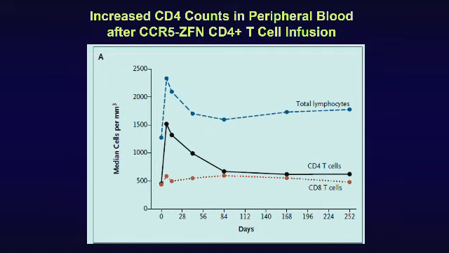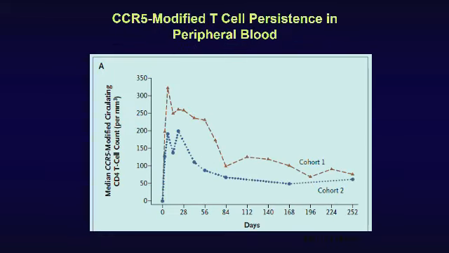So we did see increase in CD4 counts. Remember, these were purified CD4s, and compare that to the levels of CD8s. And we did see in both cohorts where we enrolled patients an increase in the CCR5 gene-edited cells, both in the high CD4 cohort that's shown in red and in the low CD4 count cohort shown in blue.